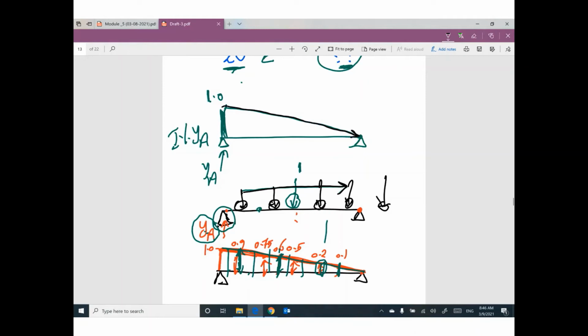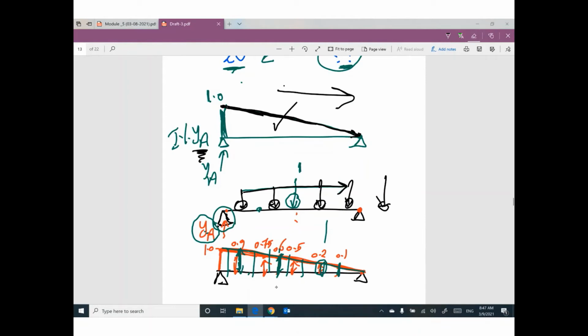Does that make sense? So this diagram represents something. This diagram, I can say, the influence line, shows the effect of the moving load is decreasing on reaction YA if this load is moving in this direction.